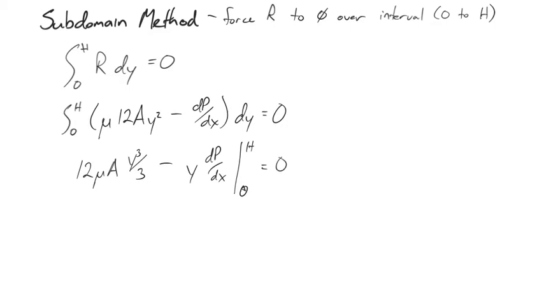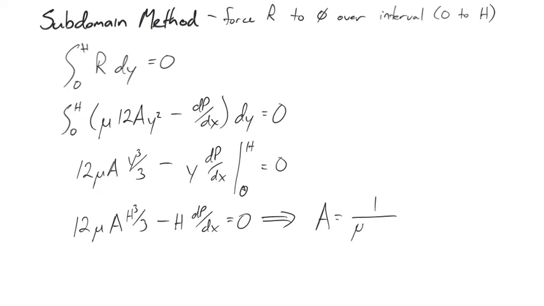So we end up with 12 times mu times a times h to the third power divided by 3, minus h dp dx, equals 0. That allows us to solve for a, which is equal to 1 over 4 mu h squared dp dx.